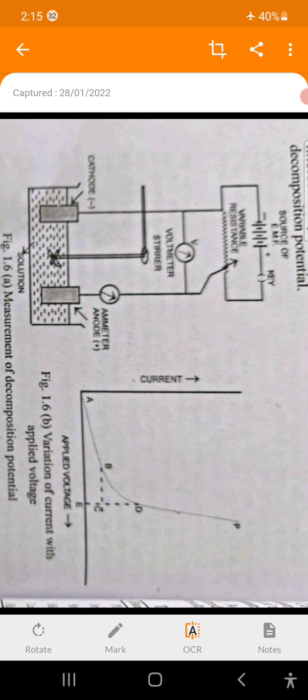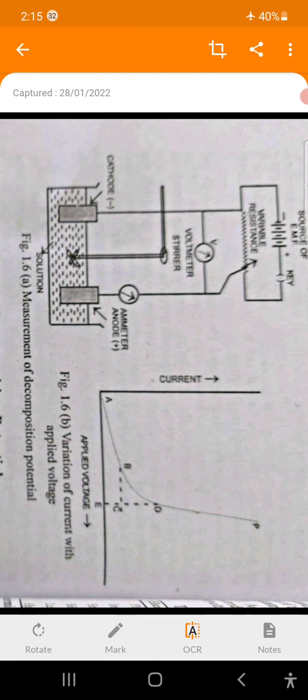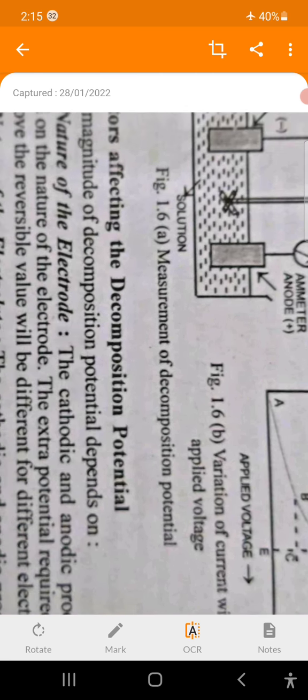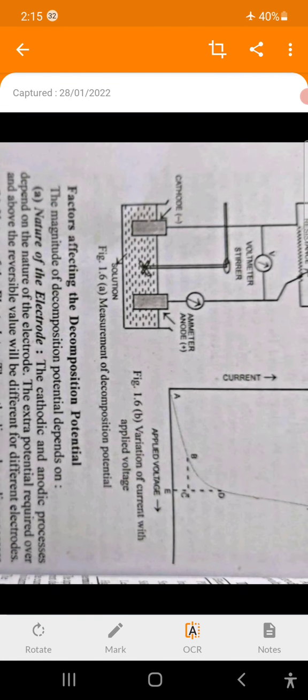Therefore, after that voltage, the electrode processes start to take place fast, and that increases the number of positive and negative ions at the anode and cathode, which therefore increases the current suddenly, and therefore the voltage at point C is nothing but the decomposition potential.